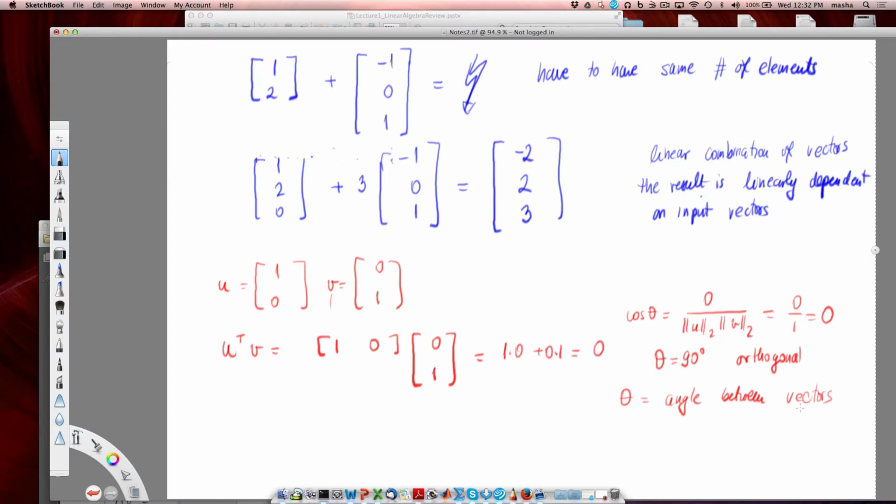And if I'm actually in 2 or 3 dimensions and I'm using the 2 norm, then the angle is what we would expect it to be, the angle between 2 vectors.